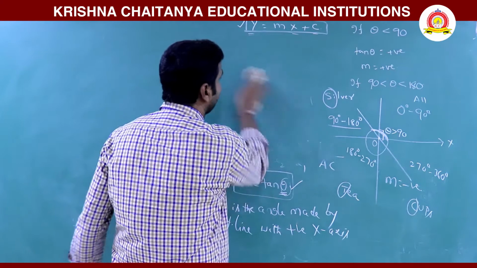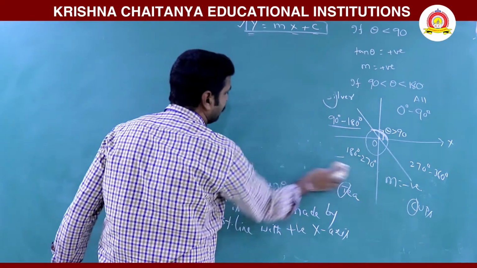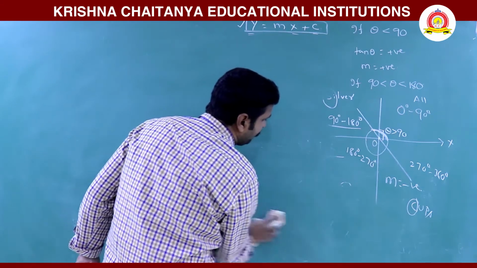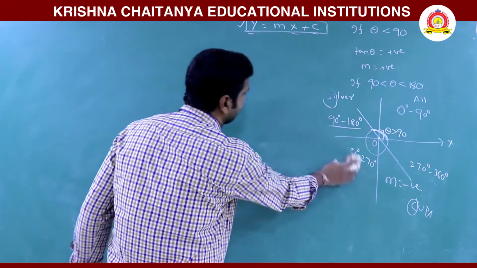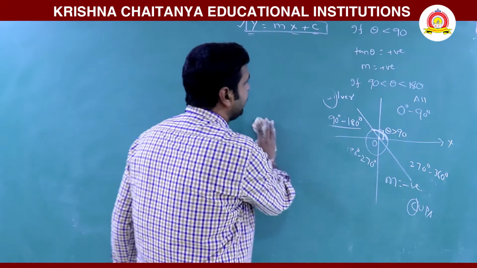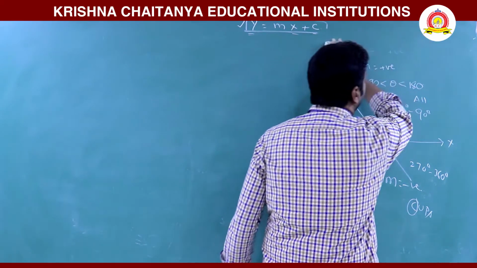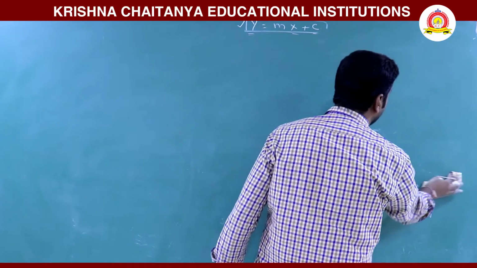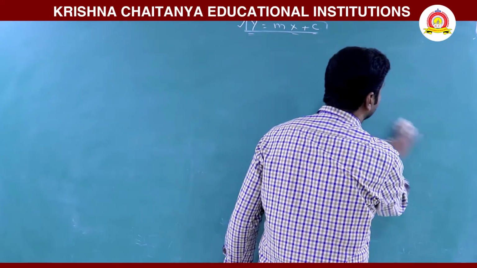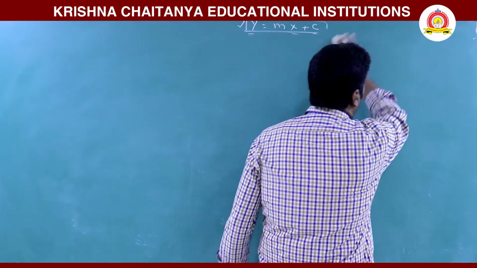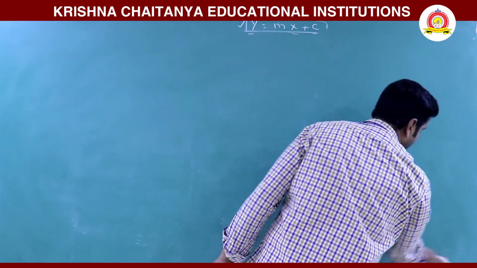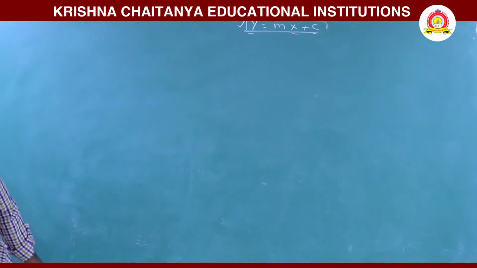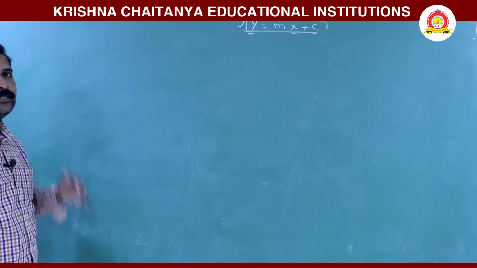Now if we draw graphs, straight lines for y is equal to mx plus c, that means a straight line having a y intercept, then how will the slope be determined, how will the intercept be found, and with the slope, if we take physical quantities, what other physical quantities can we obtain from the graphs?